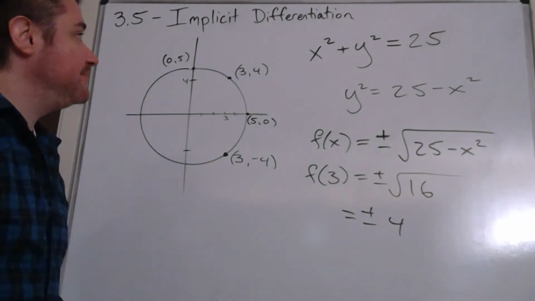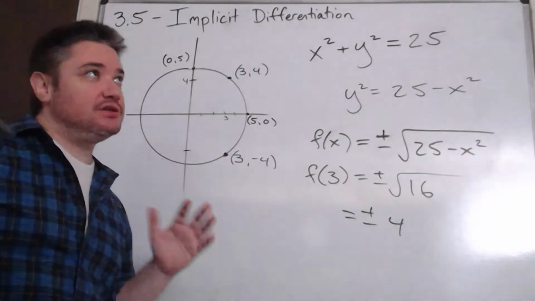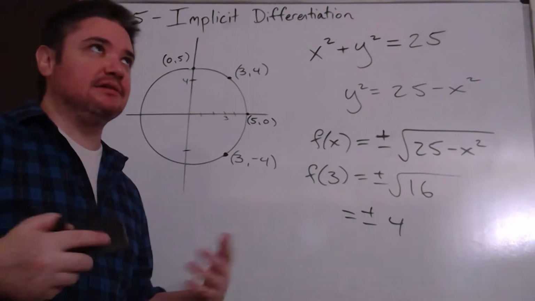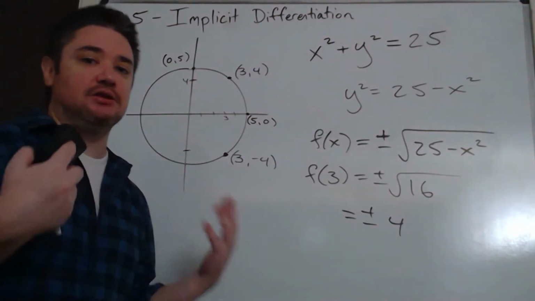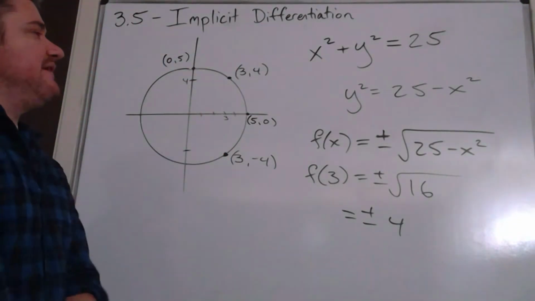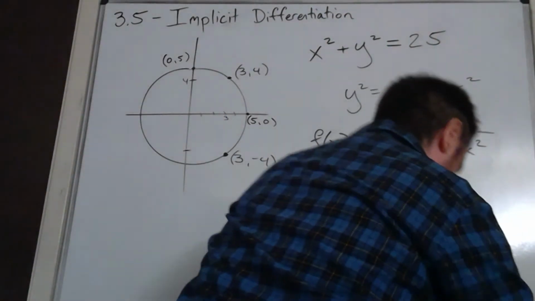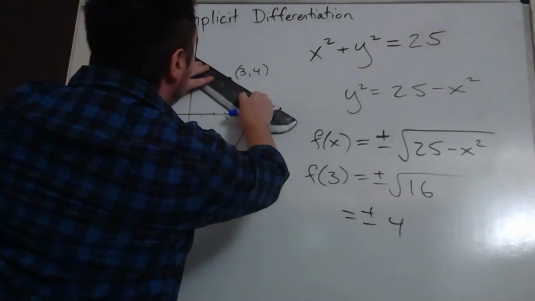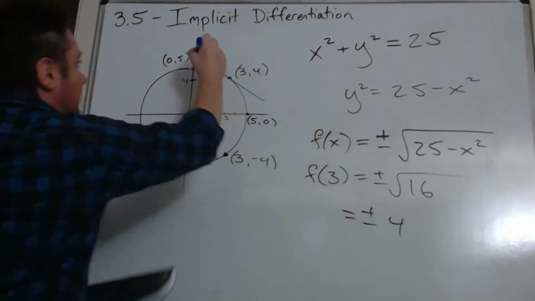not a function, right? So why did we start using derivatives in the first place? Just to make calculations? No, we were trying to find slopes of tangent lines, right? That was the driving force behind what a derivative is anyway, because we were looking at secant lines, looking at tangent lines. So even though this circle is not really a function of x, it seems like something natural to ask is, what about the slope of a tangent line at that spot?